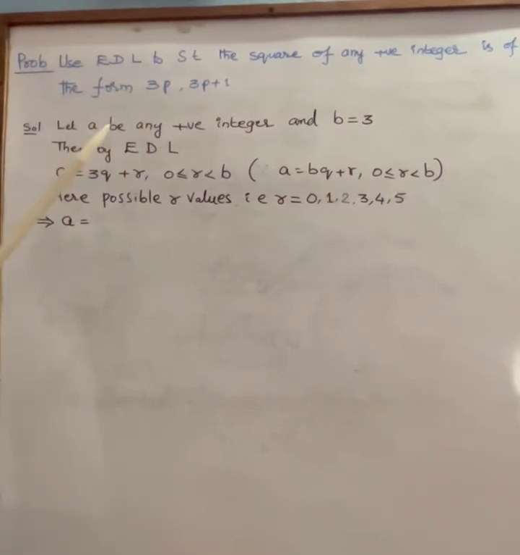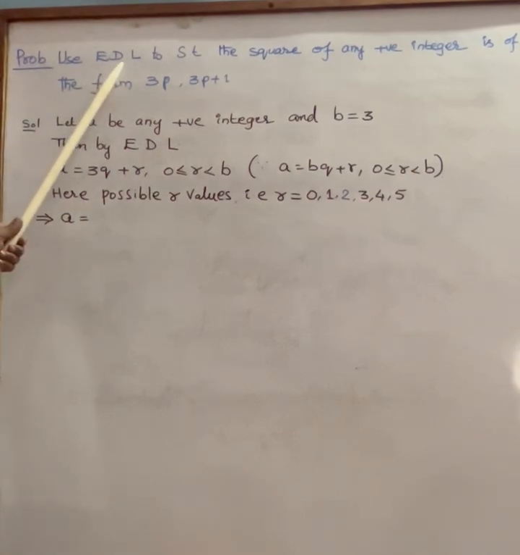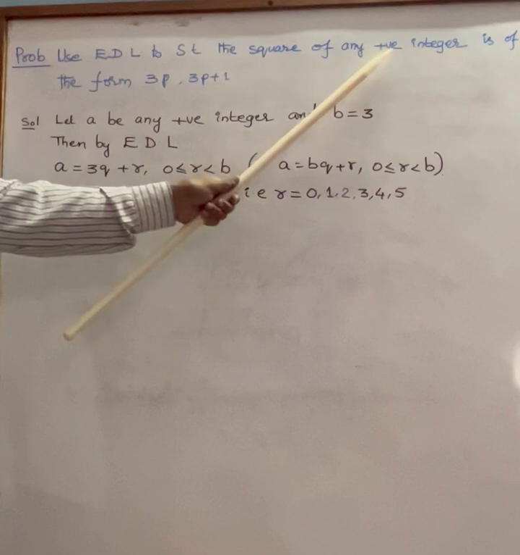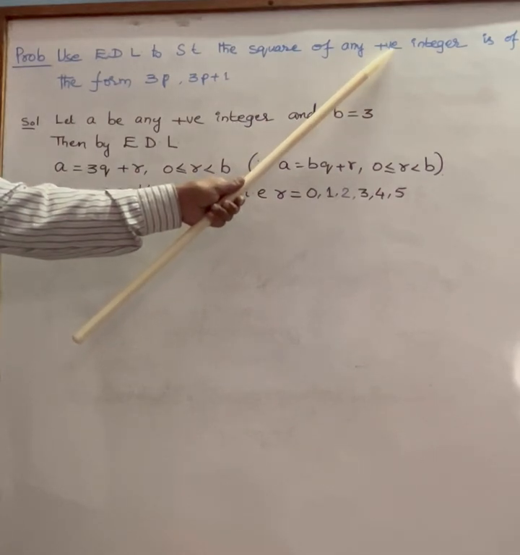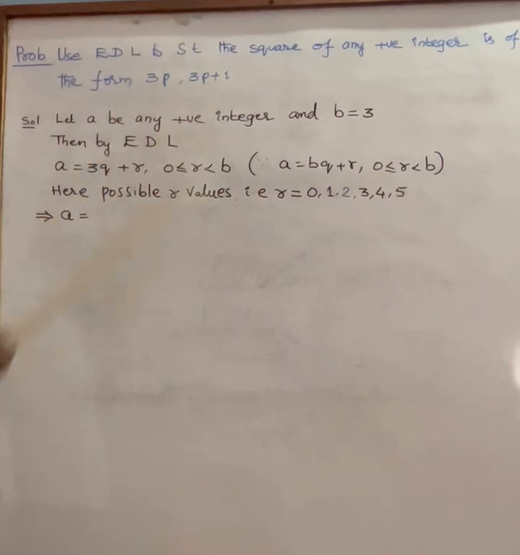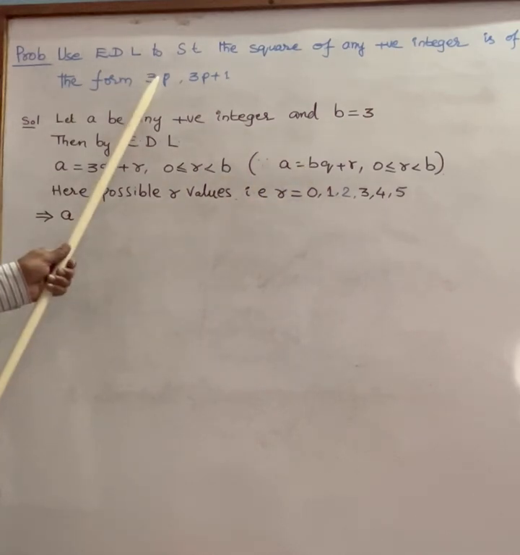Okay, students. Now we will solve another problem on Euclid division lemma. Here, the square of any positive integer is of the form 3p or 3p plus 1. Now, by using division algorithm, here b value becomes 3.